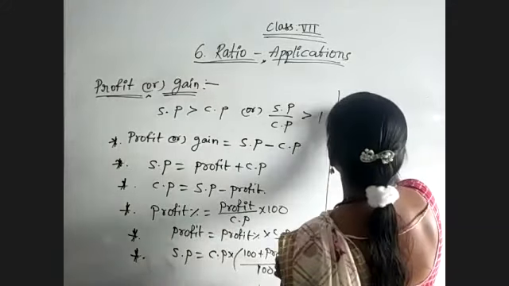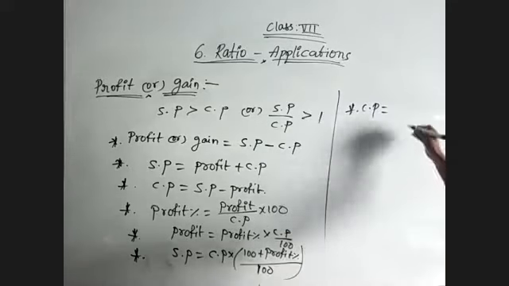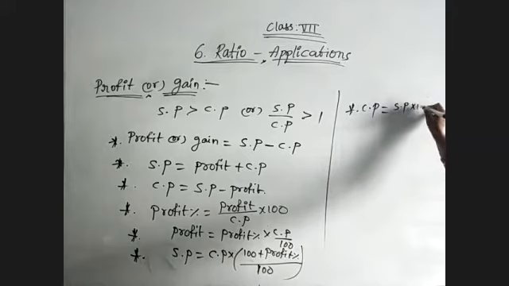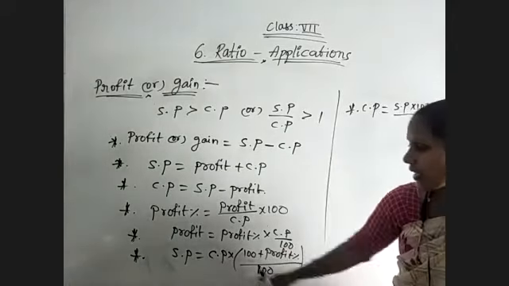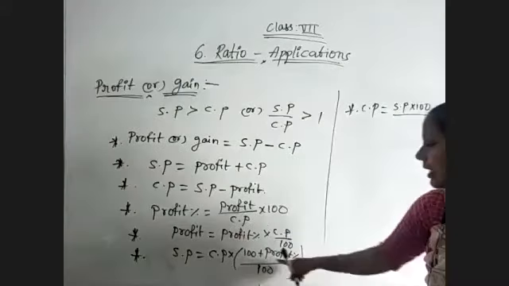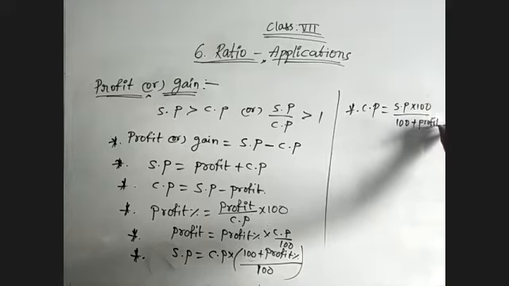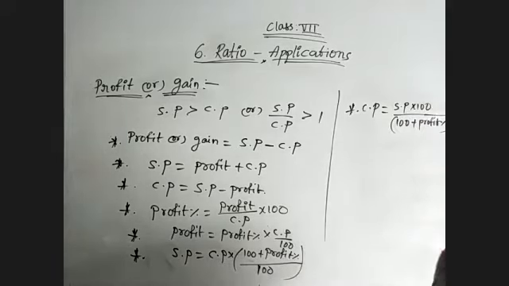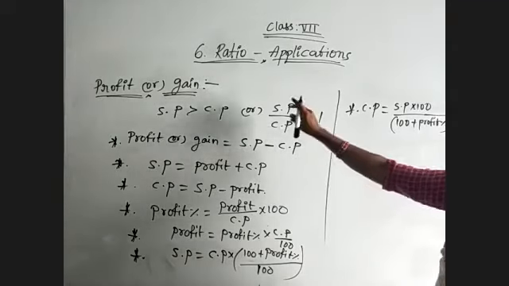So the next formula, CP in terms of SP and profit percent, is SP into 100 by 100 plus profit percent. That's all.